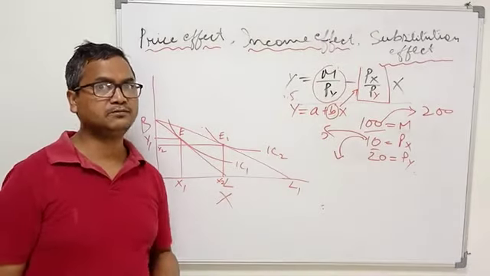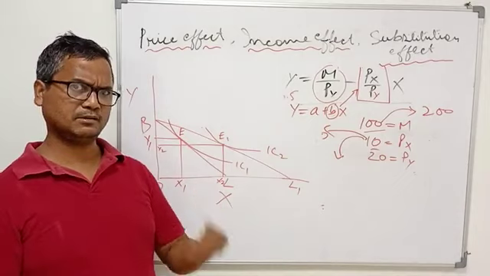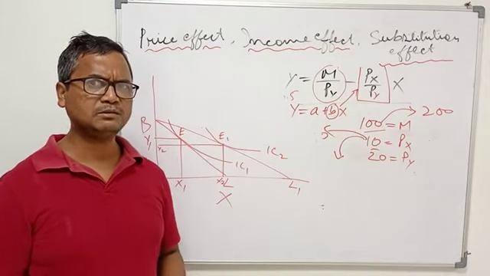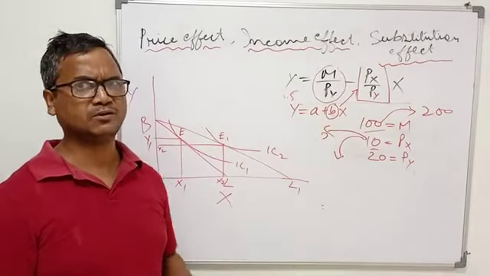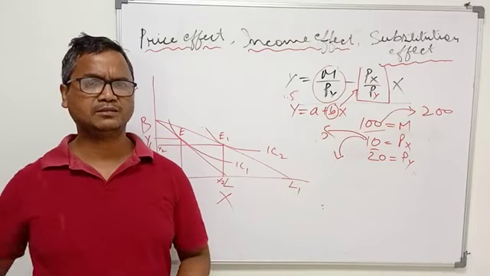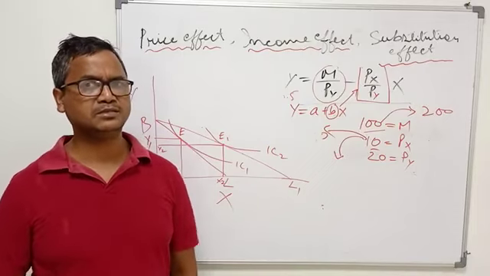While analyzing the law of demand, you probably remember it exists because of two or three reasons: the income effect, the substitution effect, and the law of diminishing marginal utility.